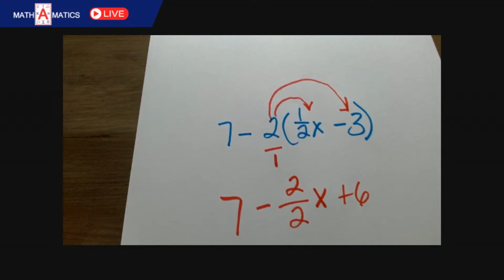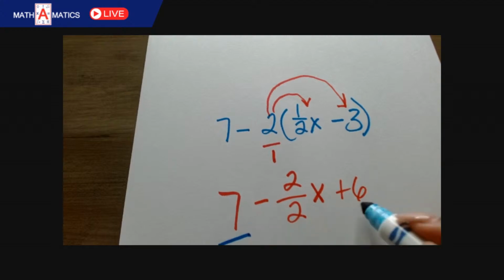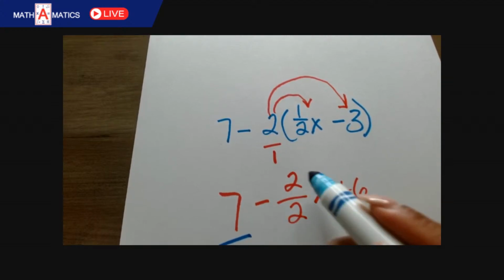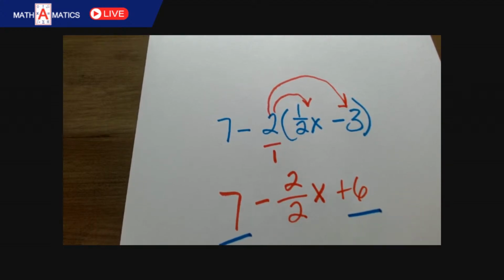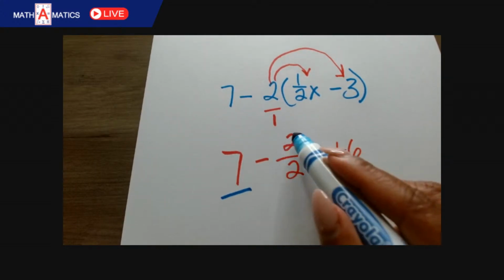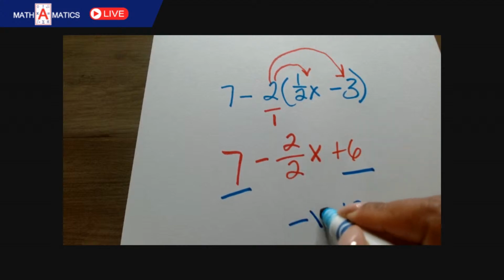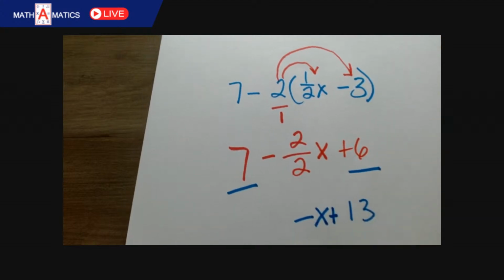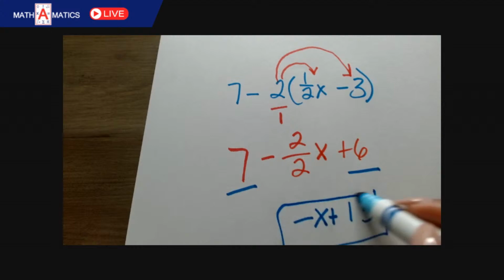Well, what's like here? Our 7 and our 6, because they don't have a variable like our x value. So really we are doing 7 plus 6, which is 13. And like I told you here, 2 over 2 is 1. So we're going to have minus x plus 13 as our final answer.